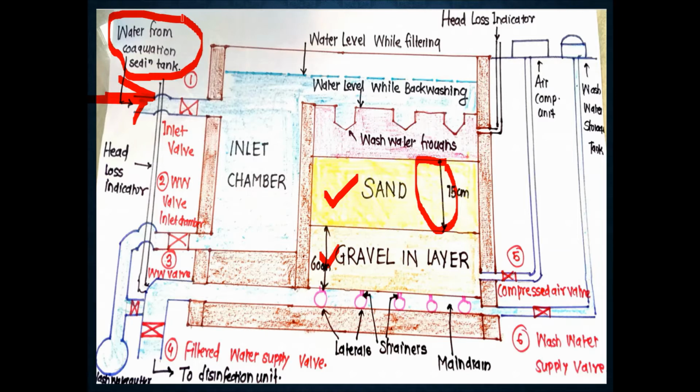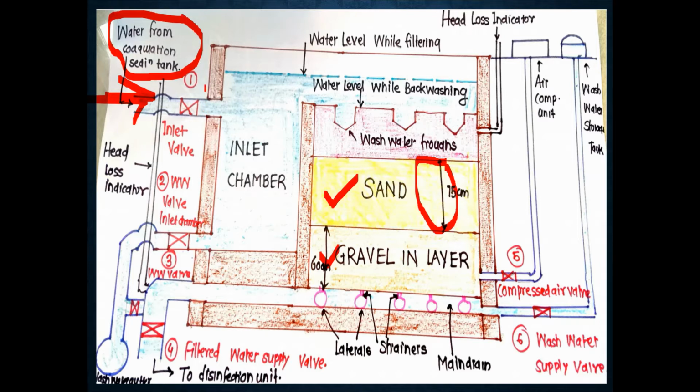When plain sedimentation is there, no chemicals are added, meaning coagulants such as alum are not added, hence it takes a larger time. But in this case, the rapid sand filter receives water already treated with coagulant, and that water from the coagulation sedimentation tank enters this filtration chamber.